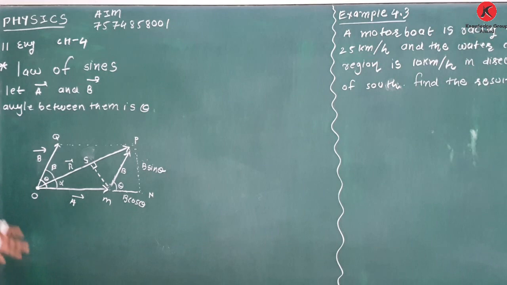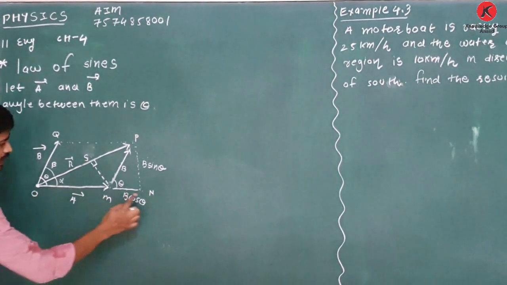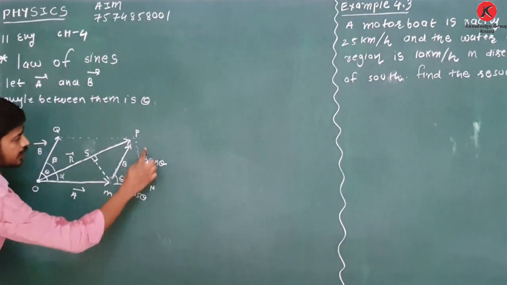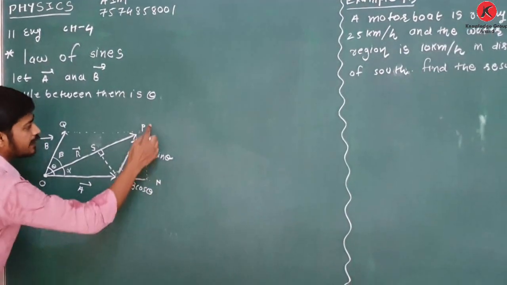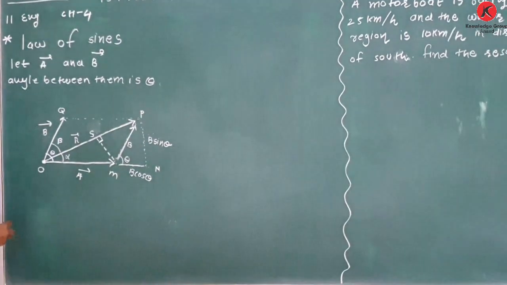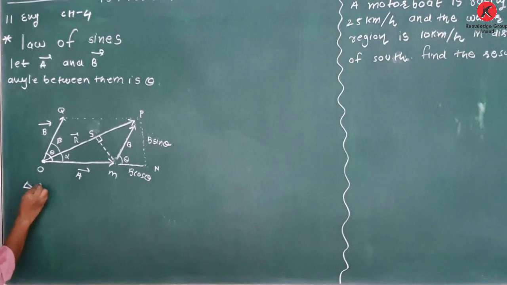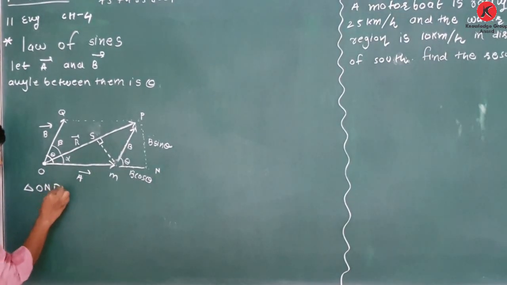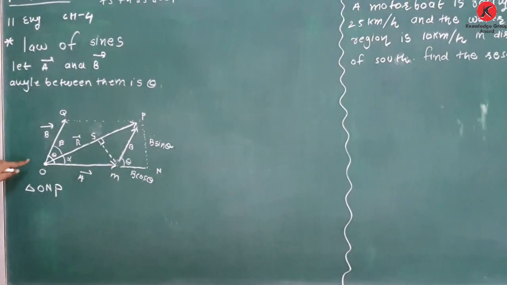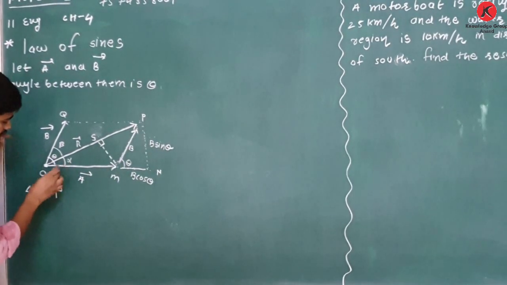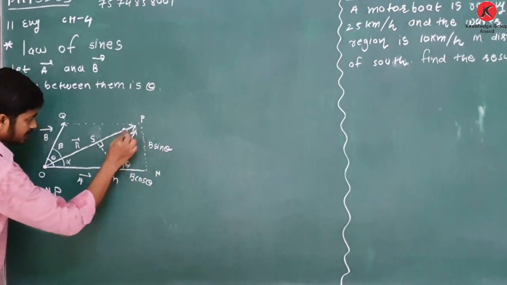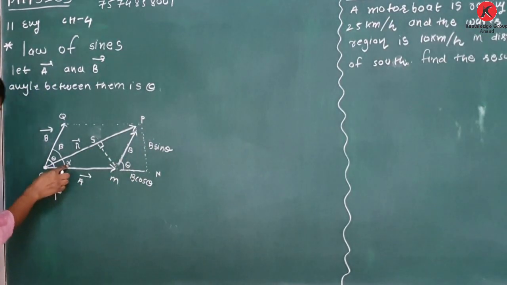Now what to do? We will take some triangles. First triangle: take triangle O and P. In this triangle, this angle is alpha.